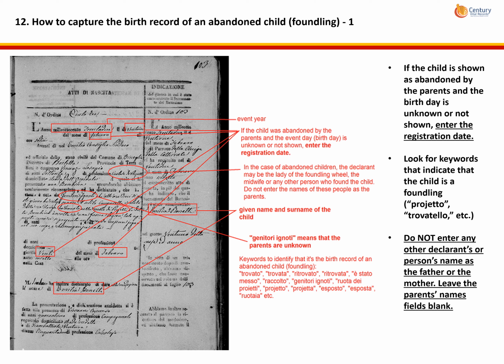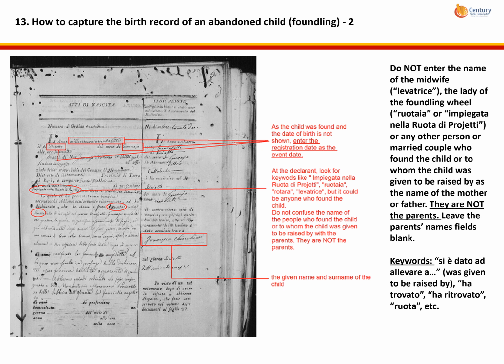Pay attention to not enter any other person's name in the parents' names field. Look at the keywords listed in the slide which indicate that the names shown on the image are not the names of the abandoned child's parents.